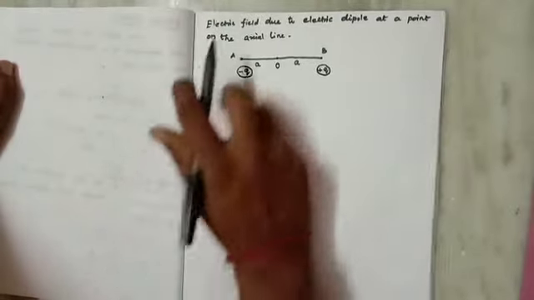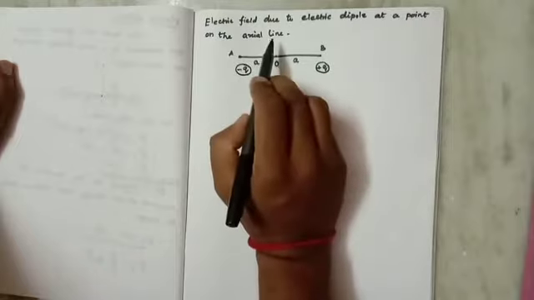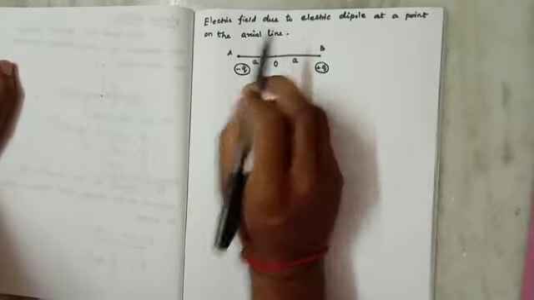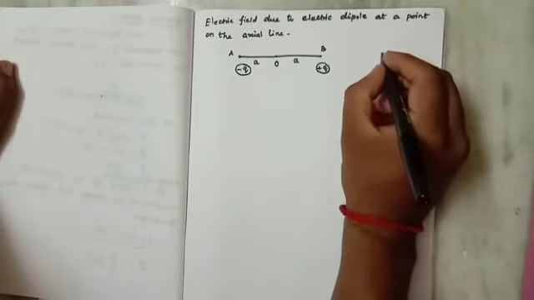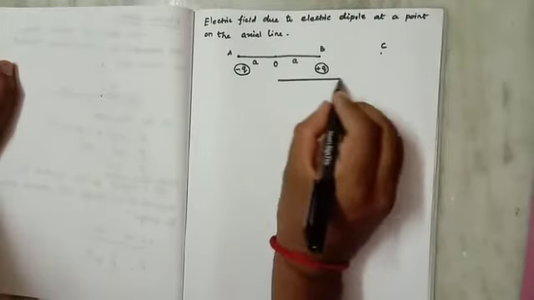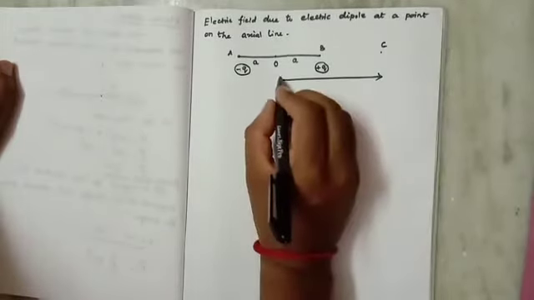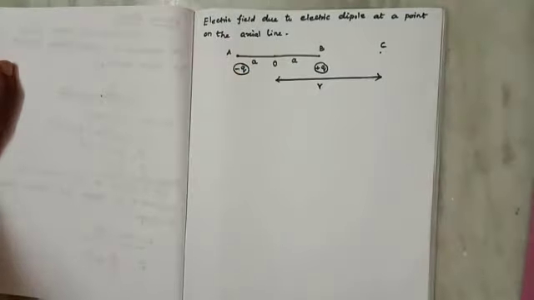To calculate the electric field due to the electric dipole at a point on the axial line, we consider a point C placed at a distance r from the midpoint O of the electric dipole.